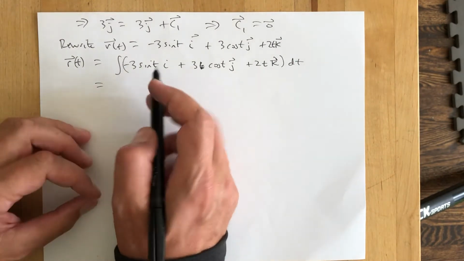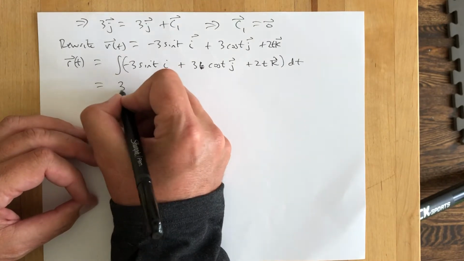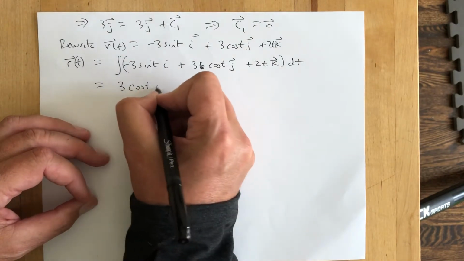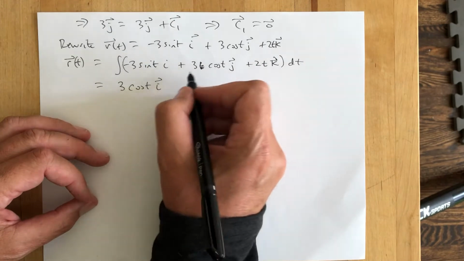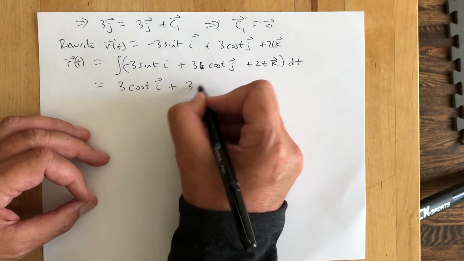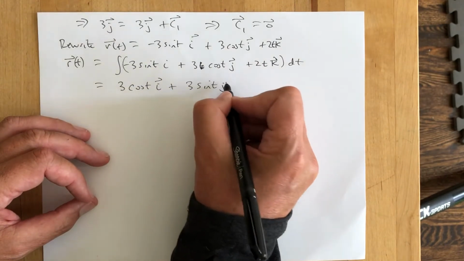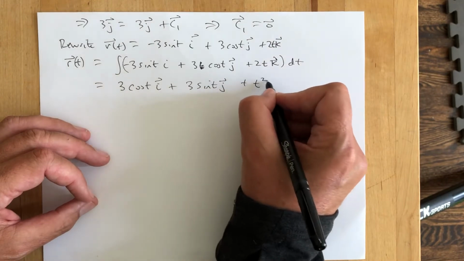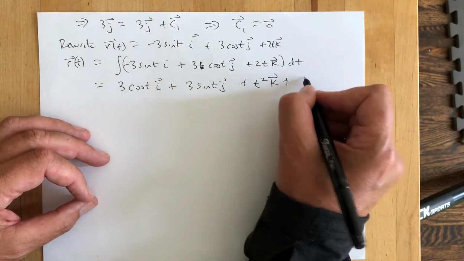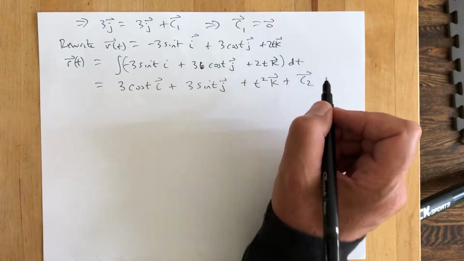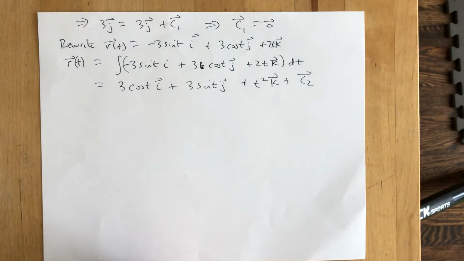And when you integrate sine, you get minus cosine, so that makes this positive. So you get 3 cosine ti plus 3 sine tj plus t squared k plus another constant from the constant of integration. Okay.